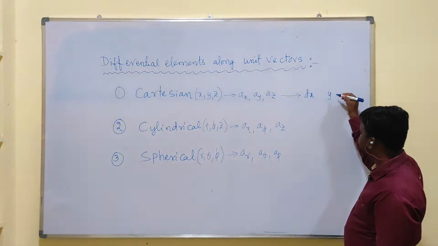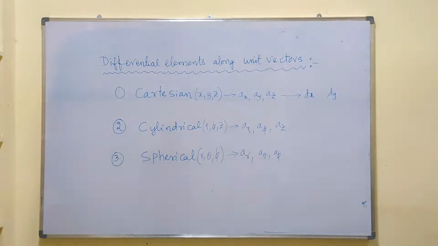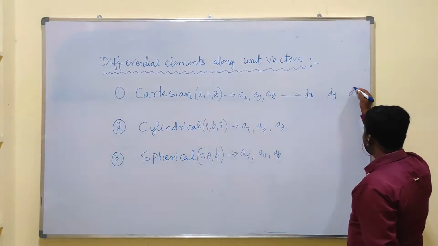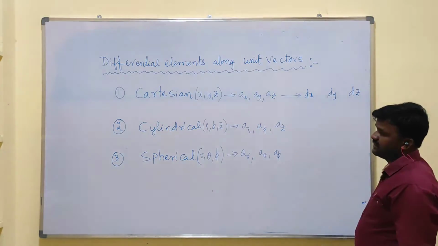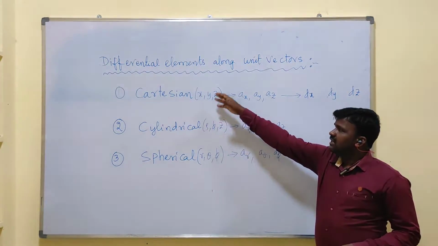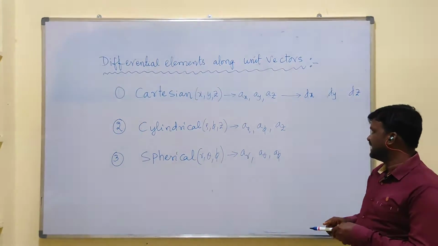That is the differential element along y direction. Now, differential element along the z direction is what? dz. It means if z is incremented by a small amount, the point goes to z plus dz.